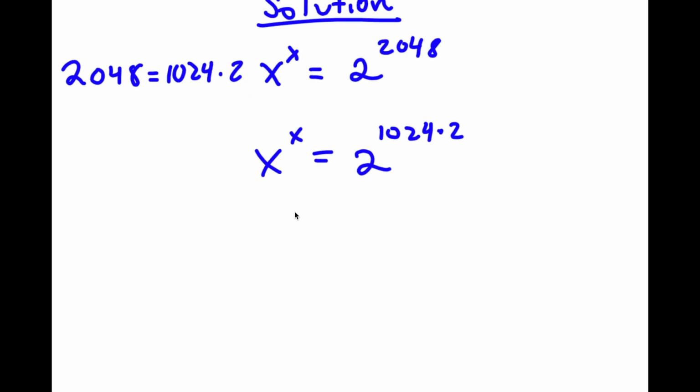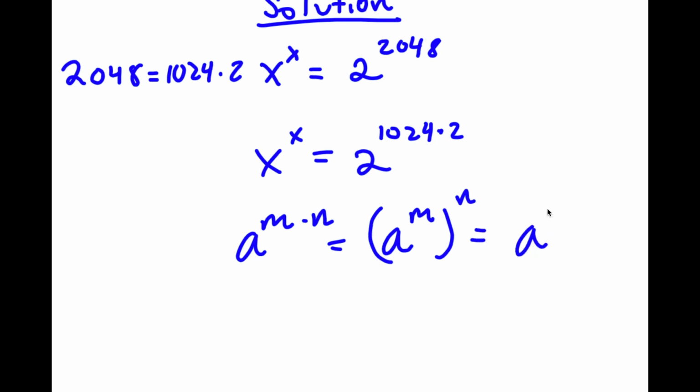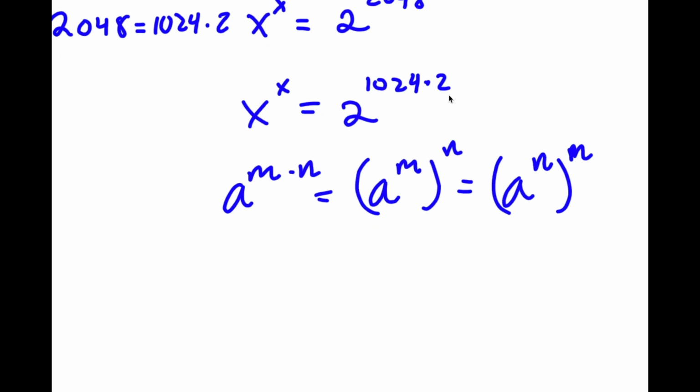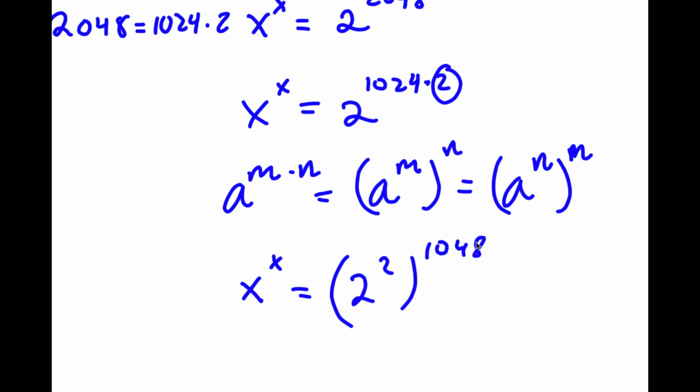And if I have something in the form a to the power of m times n, this is the same thing as a to the power of m to the power of n, and this is also the same thing as a to the power of n to the power of m. So in this case, 2 to the power of 1024 times 2, I'm going to rewrite this as 2 to the power of 2 to the power of 1024.